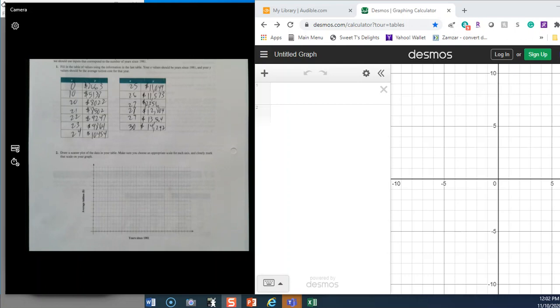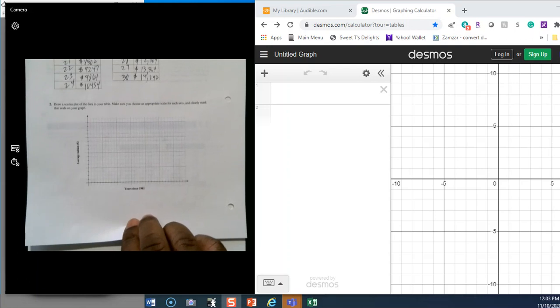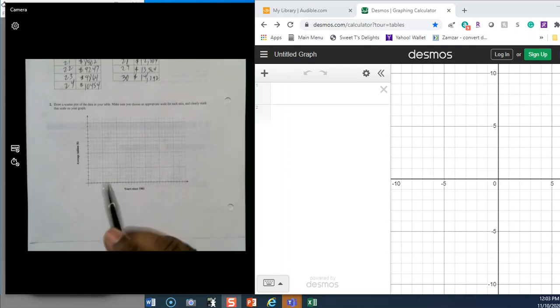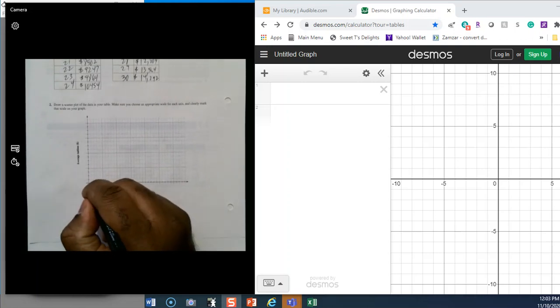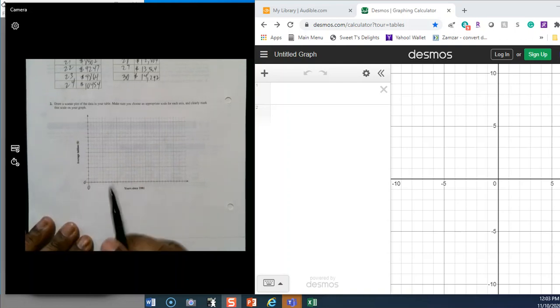Now it says here, draw a scatter plot of the data in your table. Make sure you choose an appropriate scale for each axis and clearly mark that scale on your graph. Okay, now, if we look here, this would be our 0. And we know also this would be our 0 on the y-axis. So we'll go 1, 2, 3, 4, 5, 6, 7, 8, 9, 10.